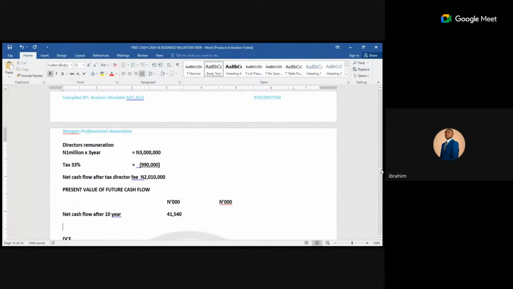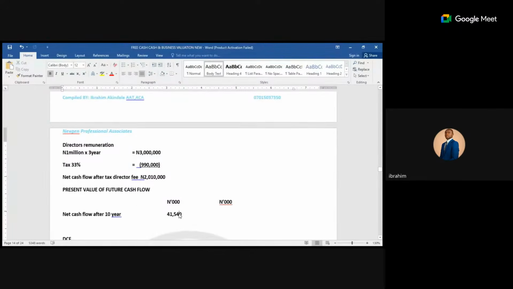Okay, should we use that other method? Whichever method it will work out. So we are going to discount this to the present value. The question is, what are we going to use to discount our cash flow?